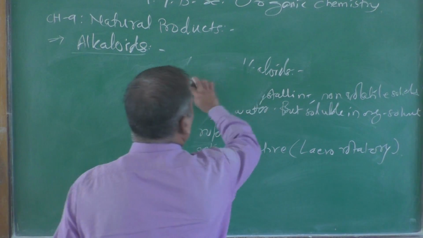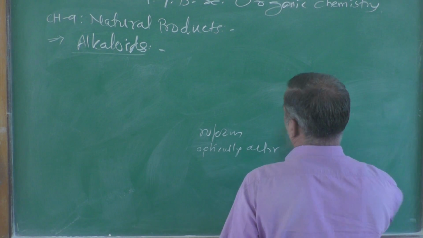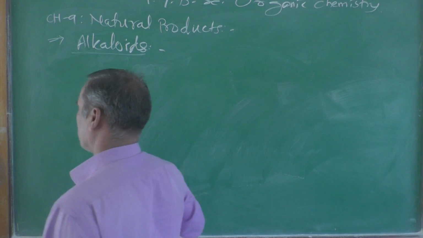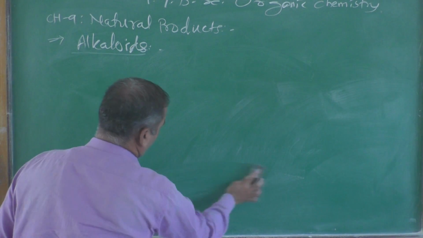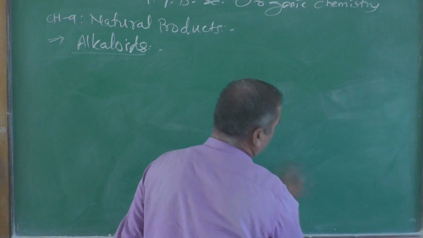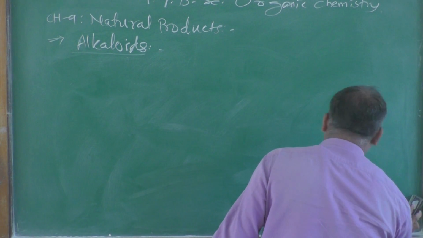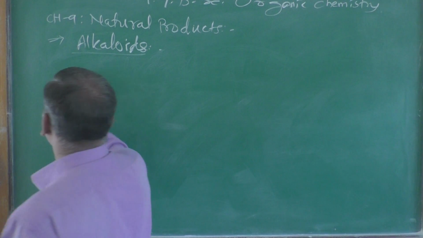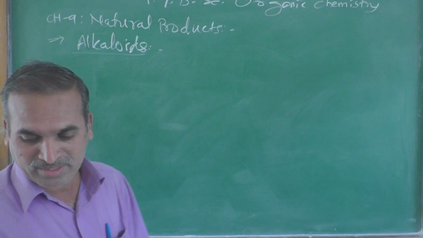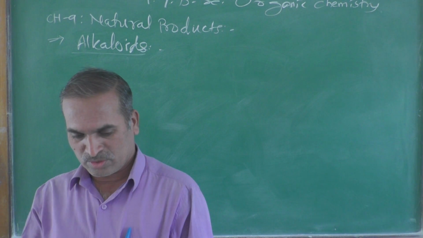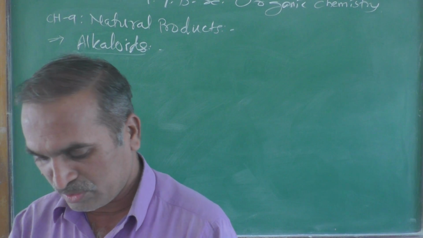In the exam, mention two properties and two uses of the alkaloid. We have seen four to five general properties of alkaloids, so you must show at least two general properties of the alkaloids. Some of the alkaloids and their properties we will see next time.